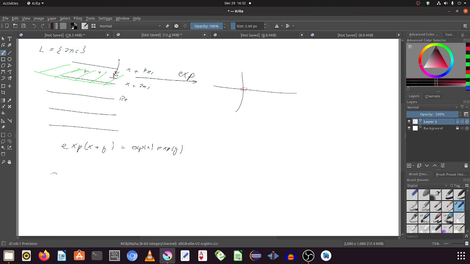So we have C being a group with addition, being isomorphic to C minus naught with multiplication by log and going that way and exp going that way.